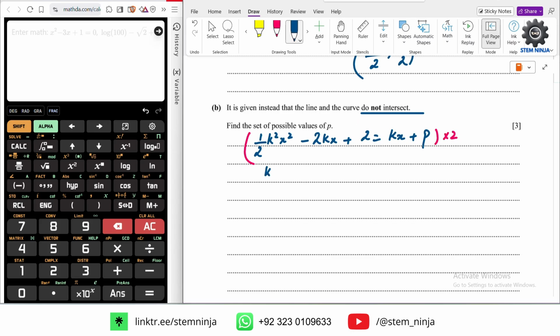We get k squared x squared minus 4kx plus 4 equals 2kx plus 2p. Now we rearrange: k squared x squared minus 6kx, and then you have 4 minus 2p equal to 0.